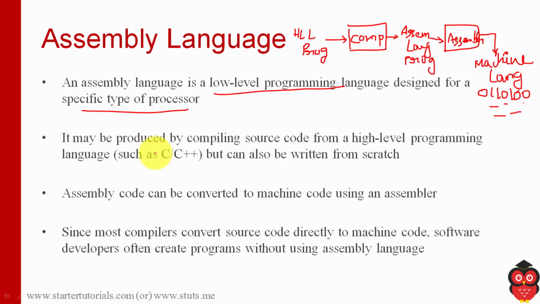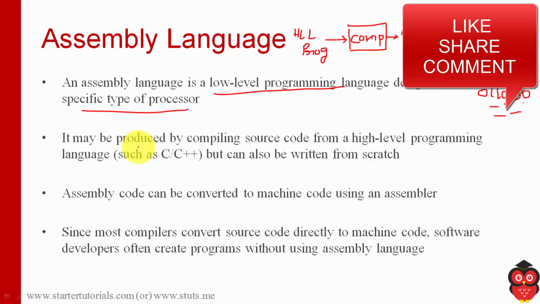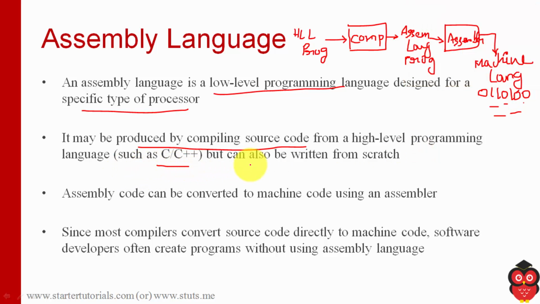And you can see here, this assembly language is produced by compiling source code from a high-level language program such as C or C++, just like I have shown you here. This assembly code is converted to machine code by the program called assembler.